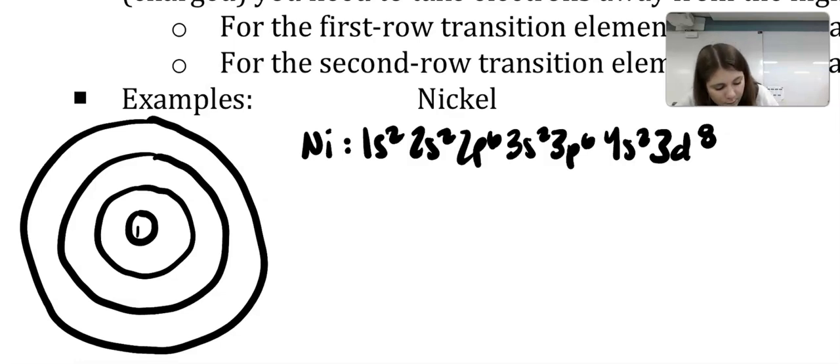The first energy level, remember, that's where the 1s would be found. In the second, the 2s and 2p. In the third, the 3s, the 3p, and the 3d. And lastly, the 4s. How I knew where to put this is I looked at the first number listed.